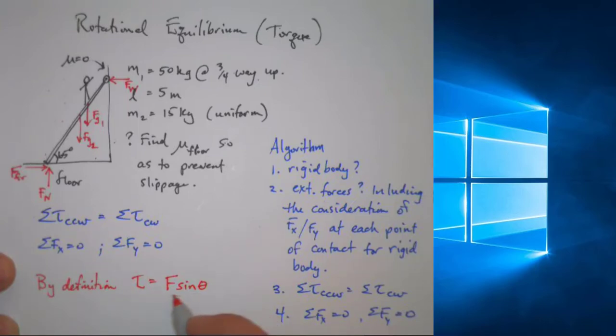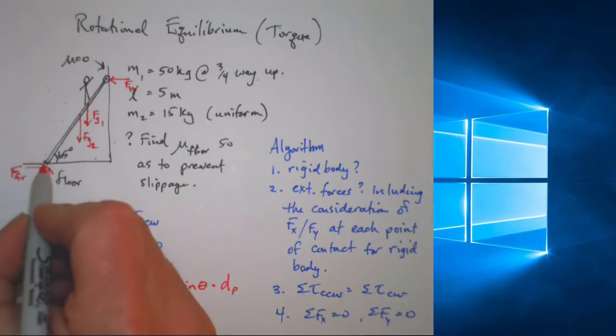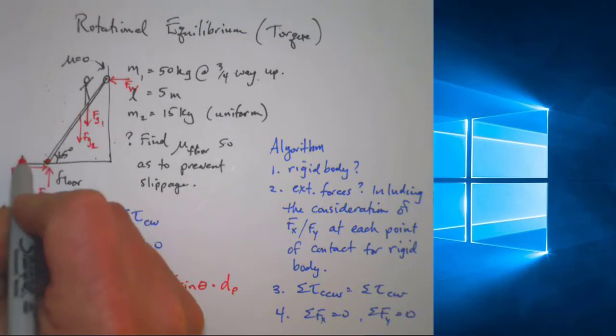That is the percentage of the force acting perpendicular to the body times the distance from the pivot point. I'll call that dP. So that'll be the consideration for any force acting. So in this case, when I go to solve this problem, I will be choosing this as my pivot point.